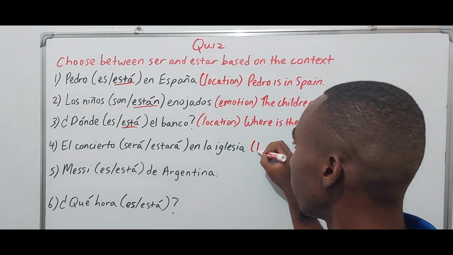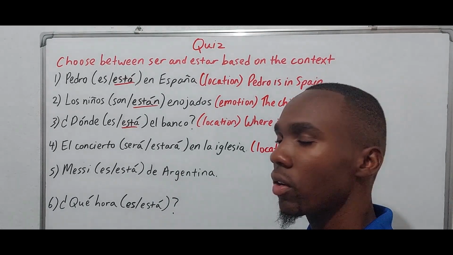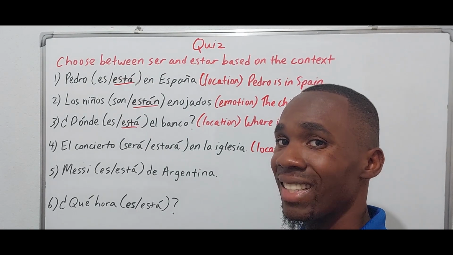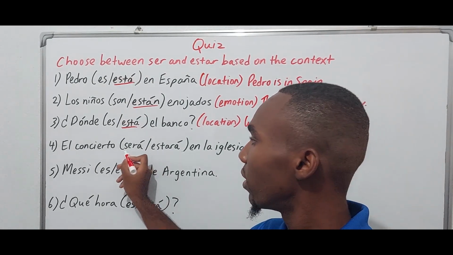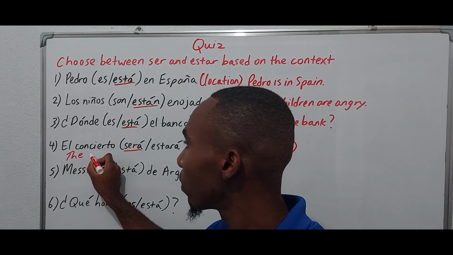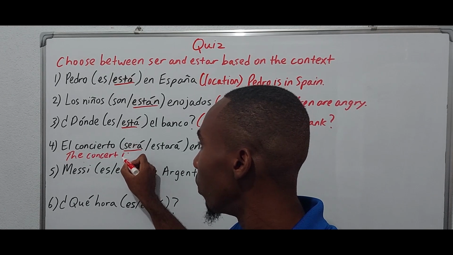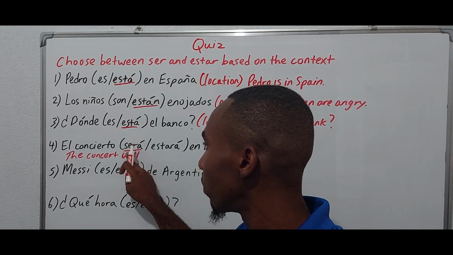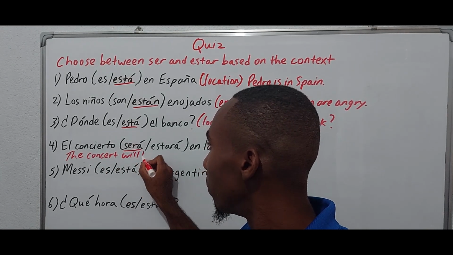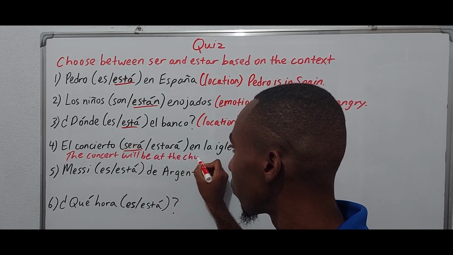Location again. But what is concierto? Concierto is a concert, and that is talking about an event. So será. The concert is, or will be rather, because this is future tense, will be at the church.